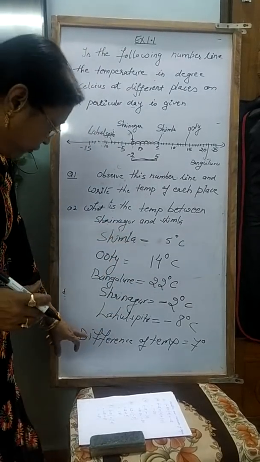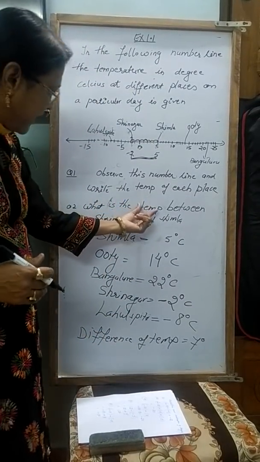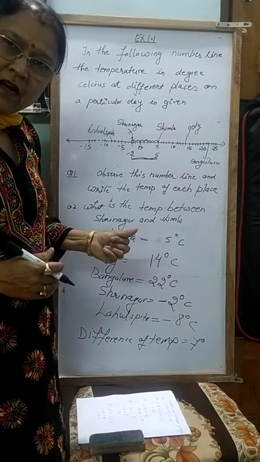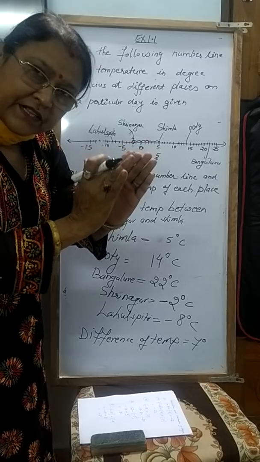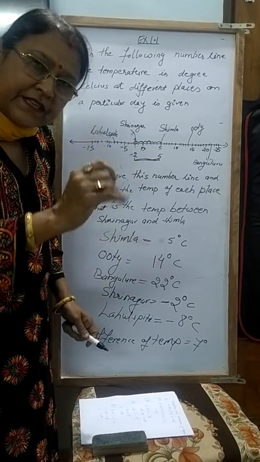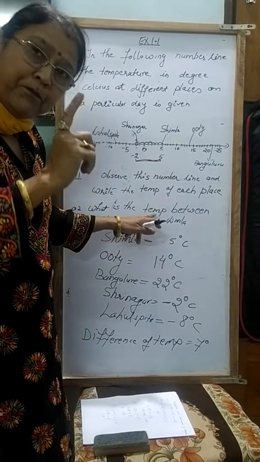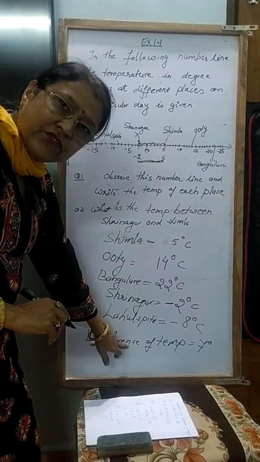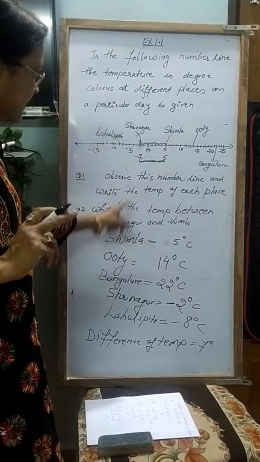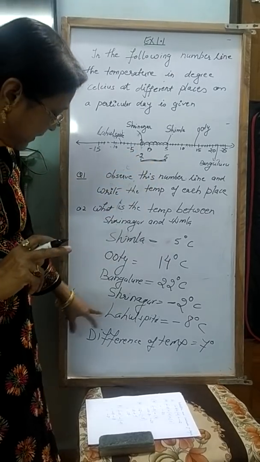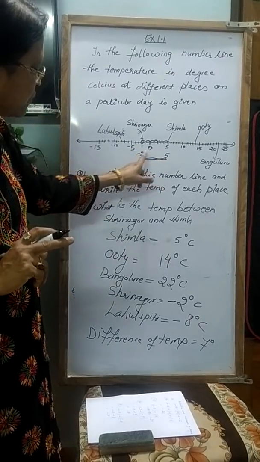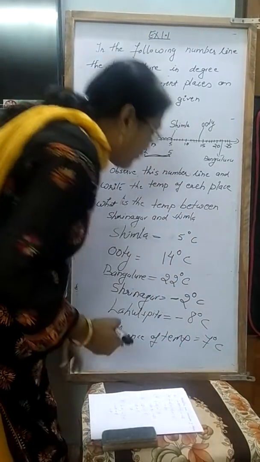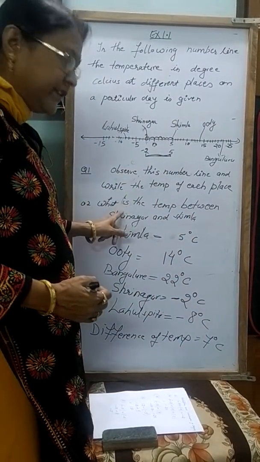If the difference is asked, then always write the value as a positive integer. So the difference between the temperatures of these two cities is 7 degrees Celsius.